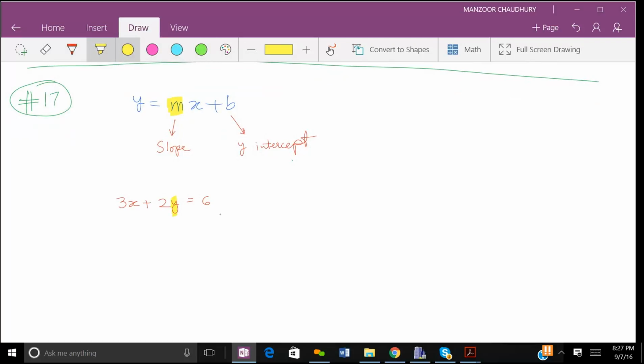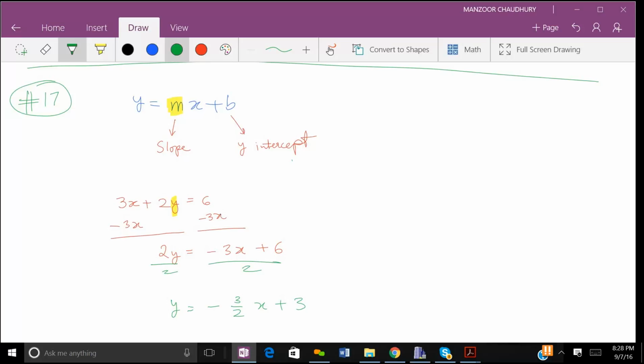You need to get rid of that 3x, so you subtract 3x first. When you do that, what do you have? 2y equals negative 3x plus 6. Divide both sides by 2. y is equal to negative 3 over 2 x plus 3.